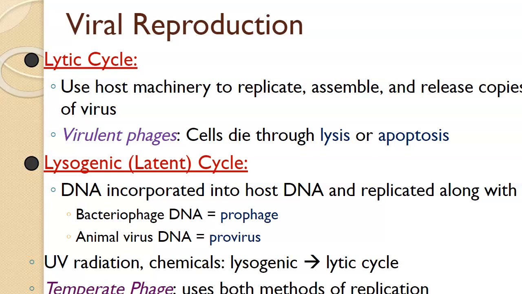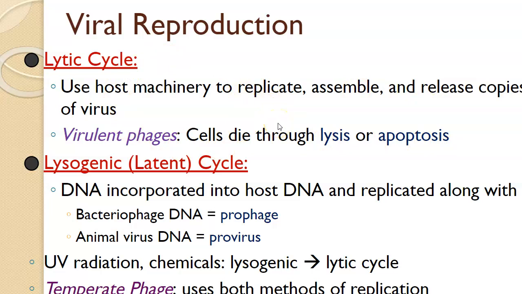The lytic cycle is basically the virulent or the infectious cycle. It's using the host as a mini factory to replicate, assemble, and release lots of viruses. And then the cell itself will either die by exploding, so lysing, or apoptosis, one of the two. This is the active infection stage.